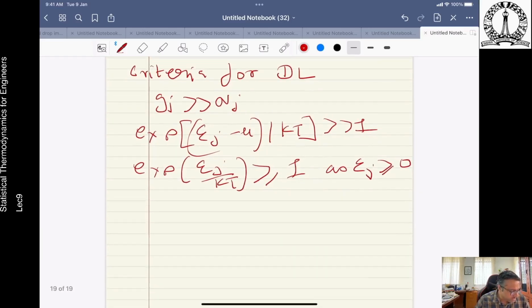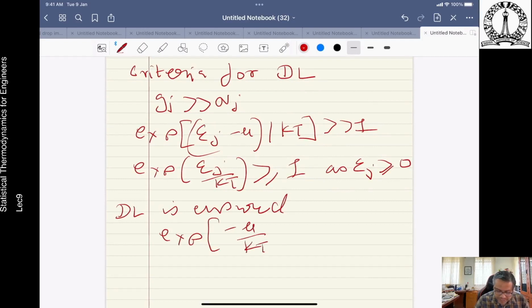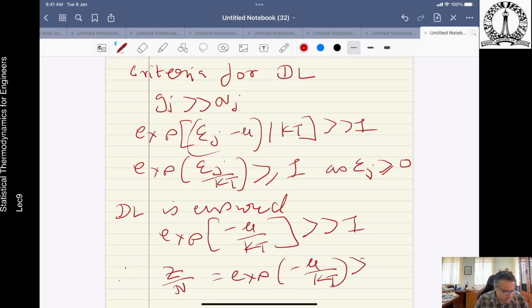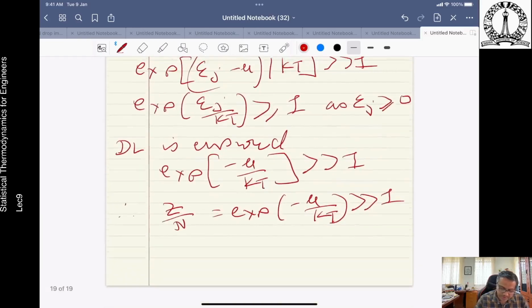So the dilute limit is ensured if exponential of minus mu by Kt is much greater than 1. Therefore Z by N, which is nothing but exponential of minus mu by Kt, is much greater than 1.